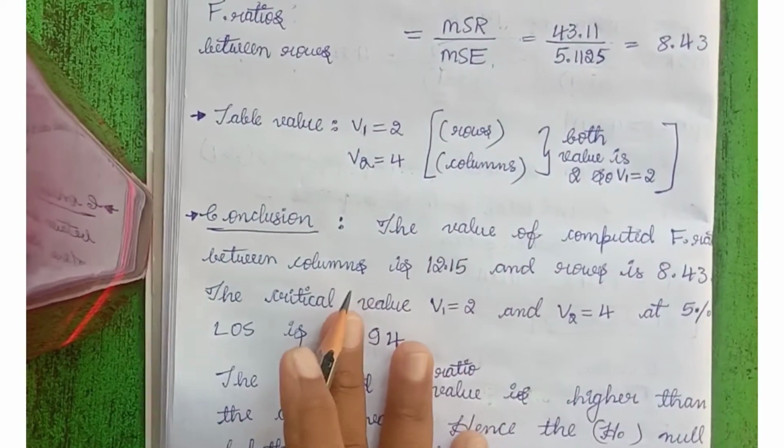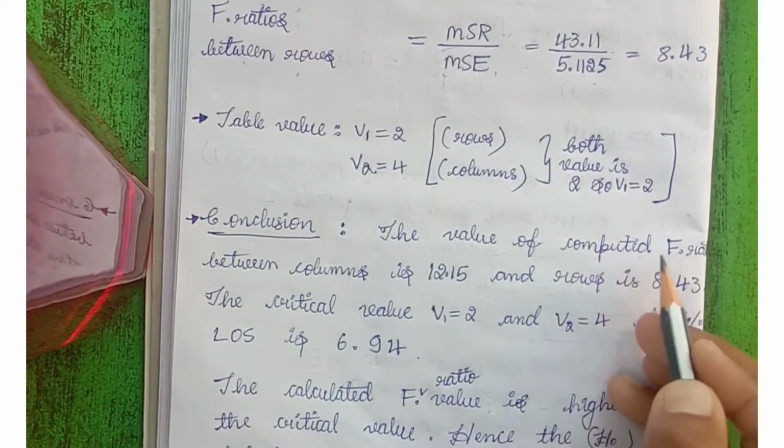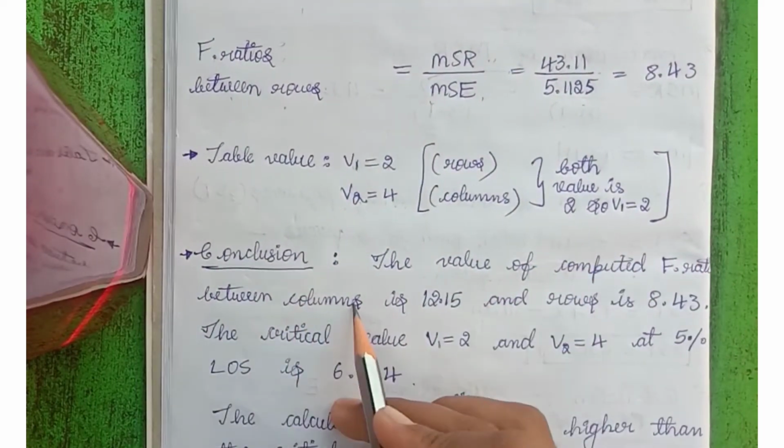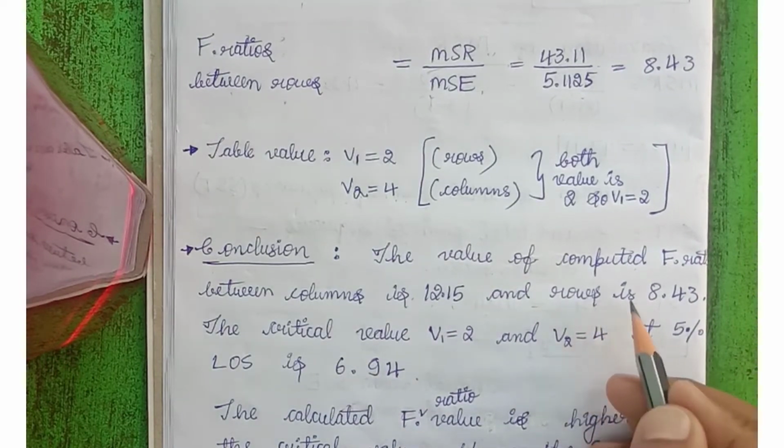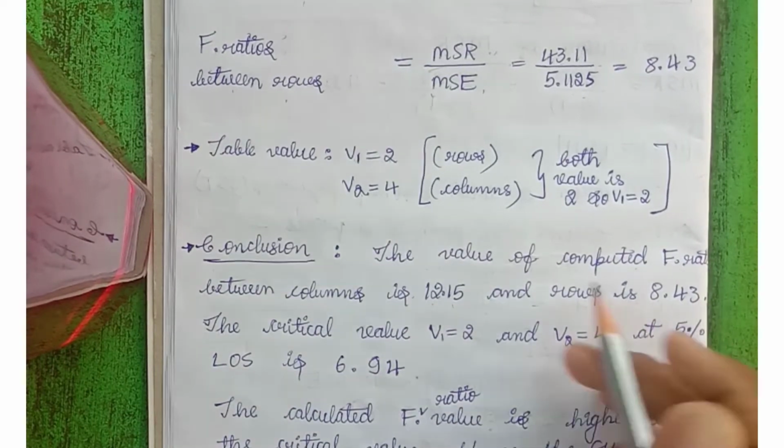So we have to write the conclusion. The computed F ratio between the columns is 12.18 and between the rows is 8.43.